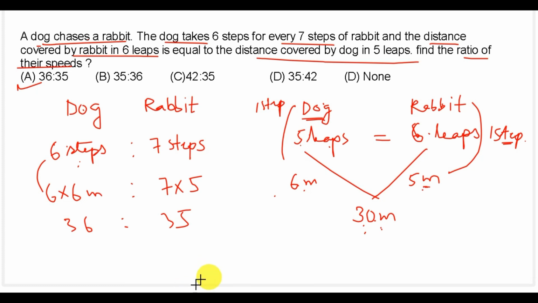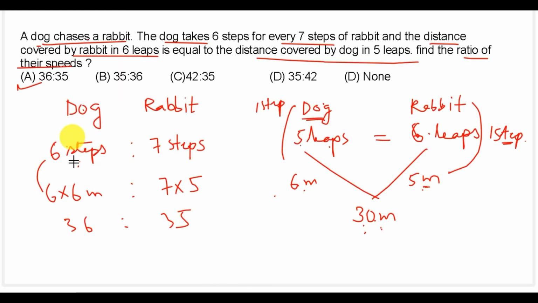Now if you want to do it in a very shortcut method, let me explain. What were the steps here? 6 and 7. So dog and rabbit, it was 6 and 7.